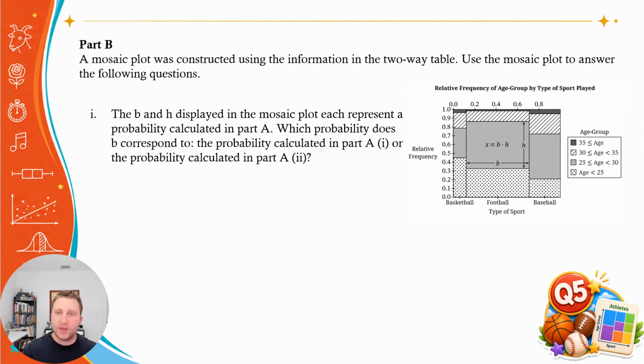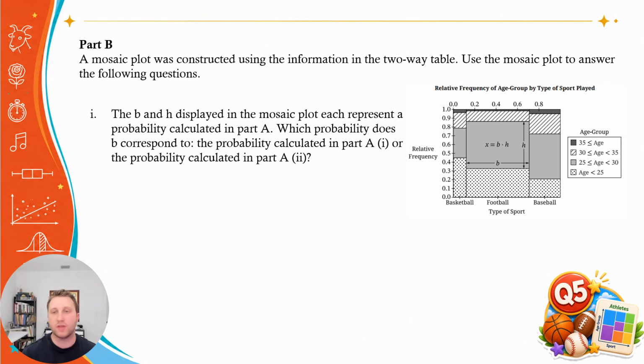Next, we are being given a mosaic plot, and what's interesting about a mosaic plot is, number one, it is very useful when we are summarizing the relationship between two categorical variables, and it's sort of the best of both worlds because, like a segmented or a stacked bar graph, you can see the relative differences in relative frequency among all the values of the category that's on the x-axis, but additionally you can see the differences in relative size of those categories.